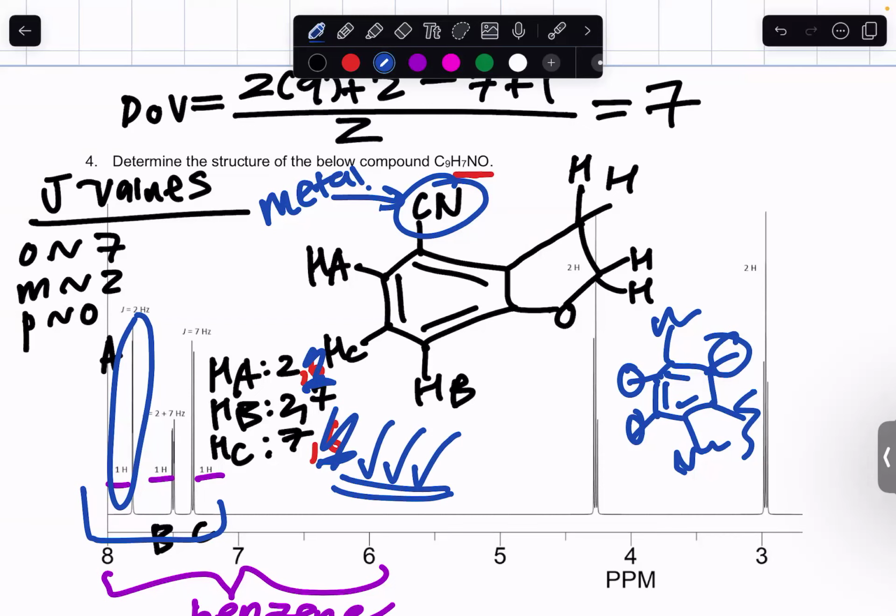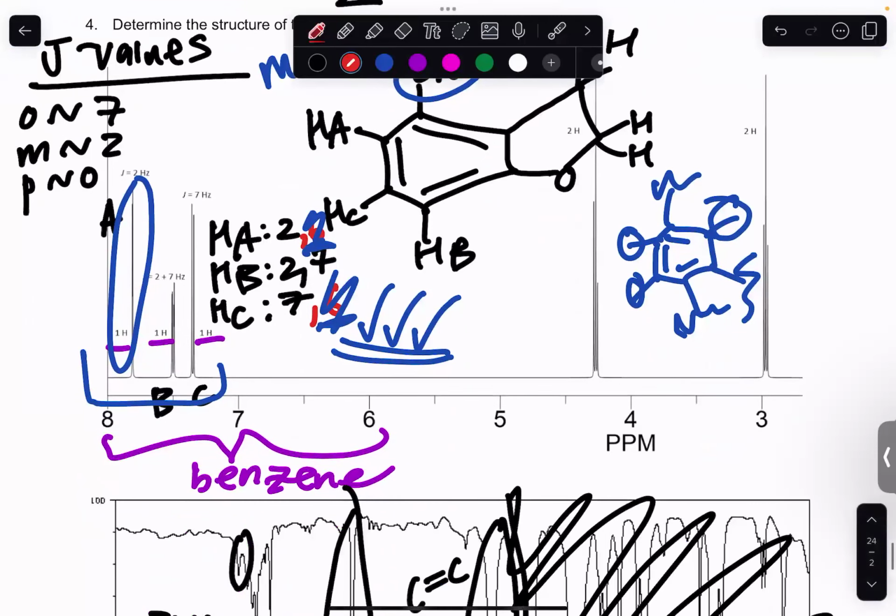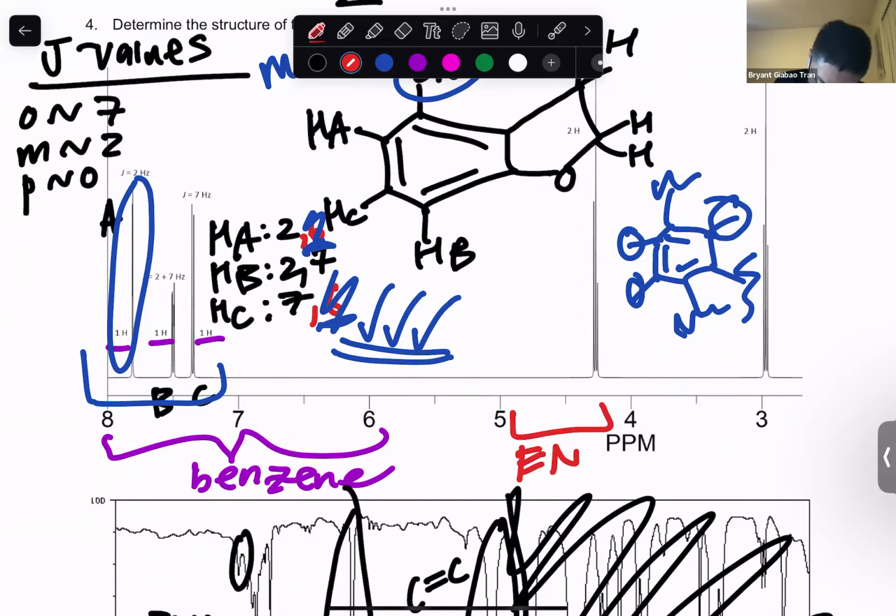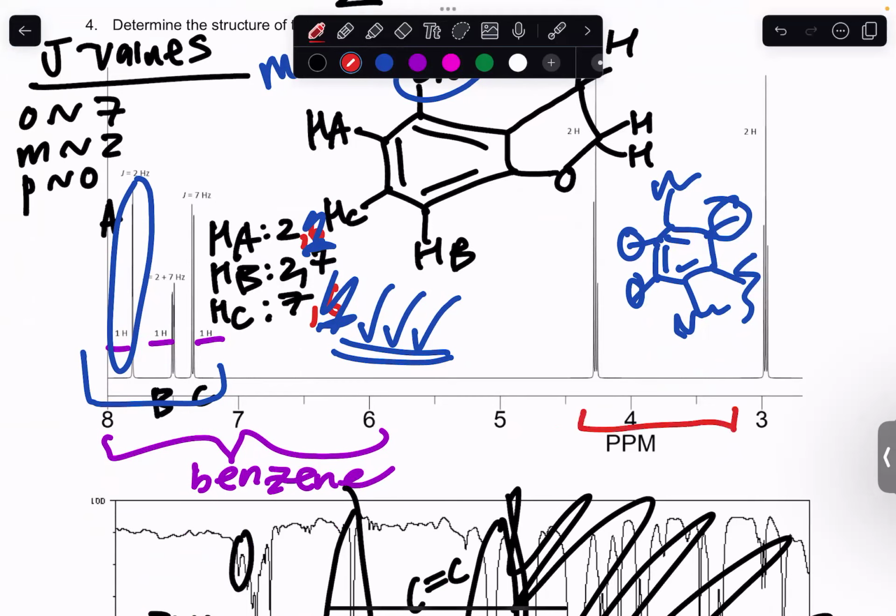When it's between the 4 to 5 range, does it mean it's just close to the oxygen? Electronegative atom, close to the O. Yeah. And what about 3 to 4? 3 to 4, think of it as 3 to 5, actually, or 3 to 4 is the electronegative.